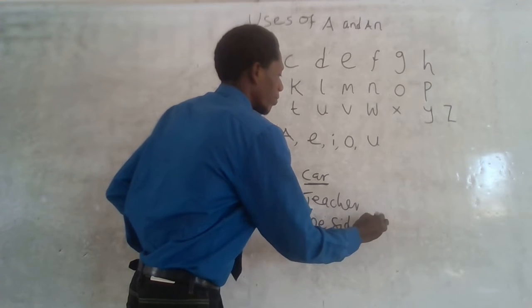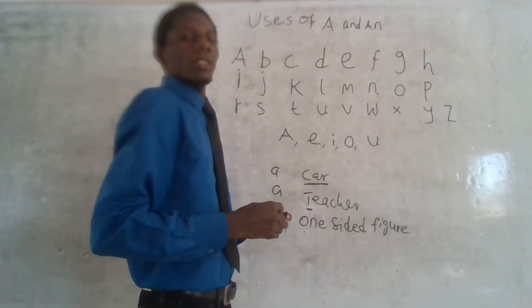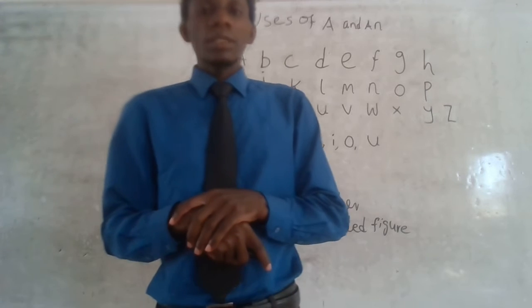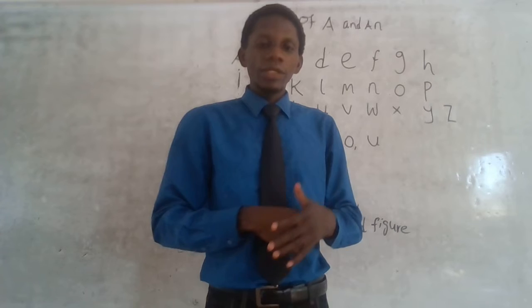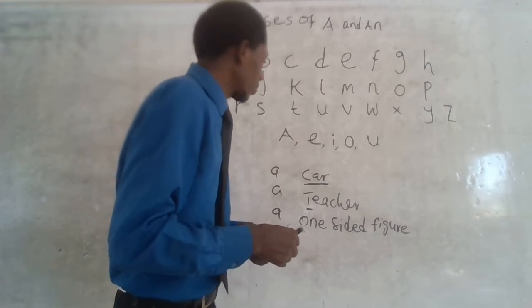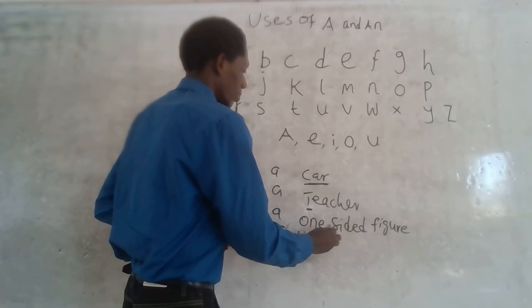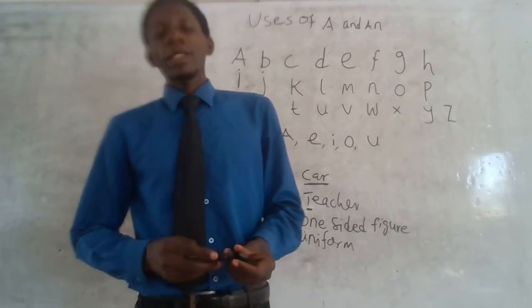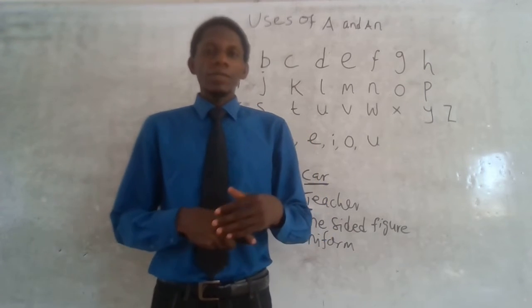Here we can also use the article a: a university student, a uniform. Okay, so those are the areas where we can use the article a.